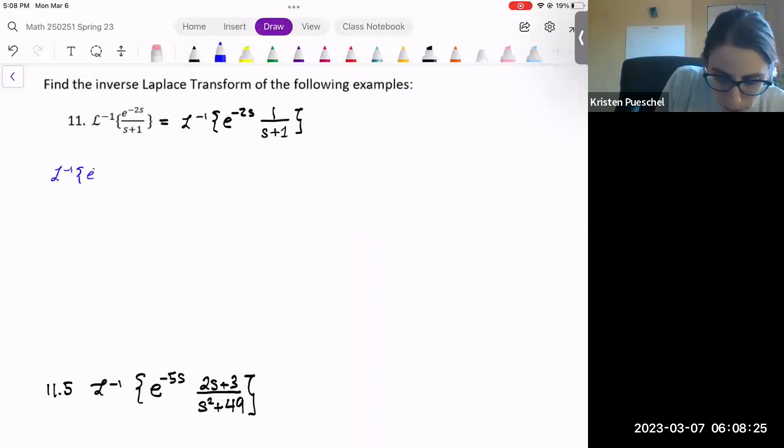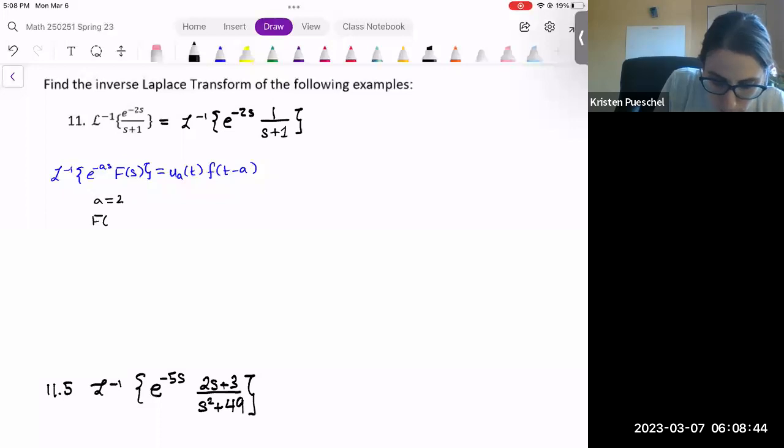Our formula, again, e to the negative as times F of s is u_a of t times f of t minus a. So in our example here, a equals 2 and F of s equals 1 over s plus 1. Its inverse Laplace transform, f of t, is e to the negative t.